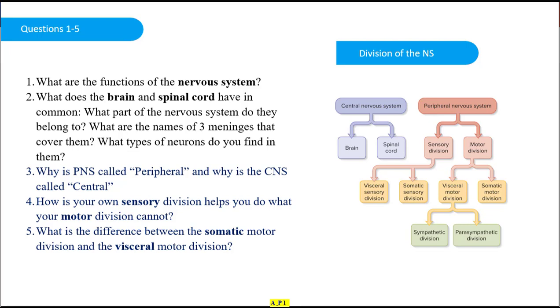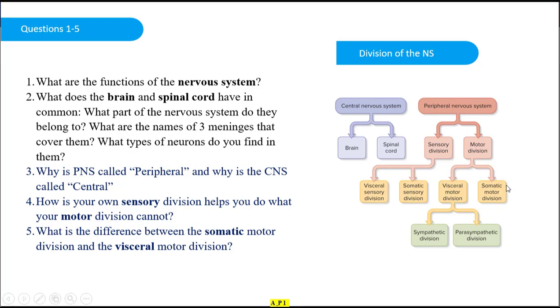But if you have motor damage, then you cannot walk, you cannot do something because it's going to be blocking the motor neuron that allows you to do something. So that's why the sensory and motor are very different. One takes in sense, the other makes you do something. So what is the difference between somatic motor division and visceral motor division?